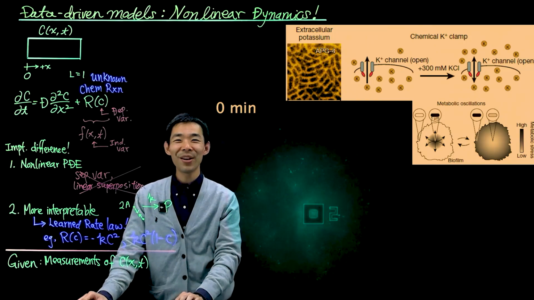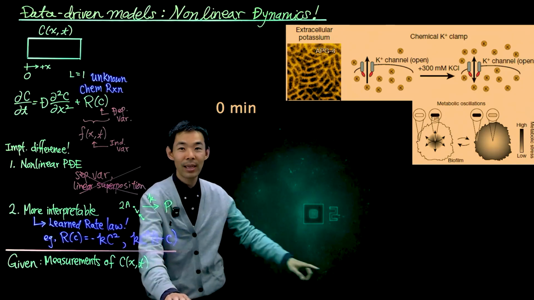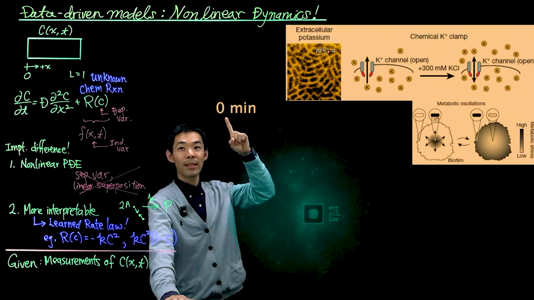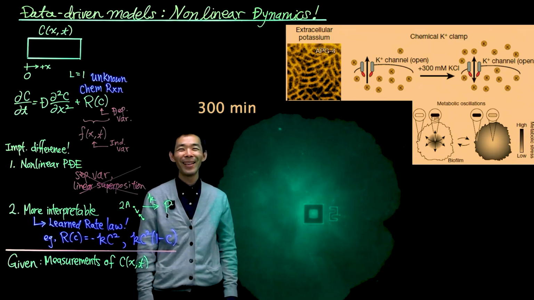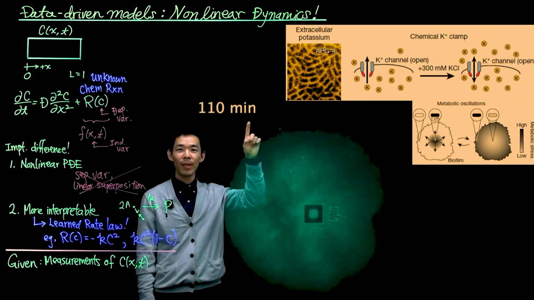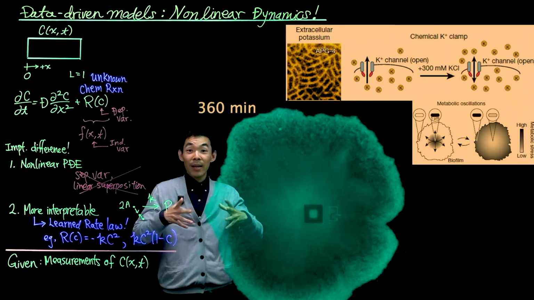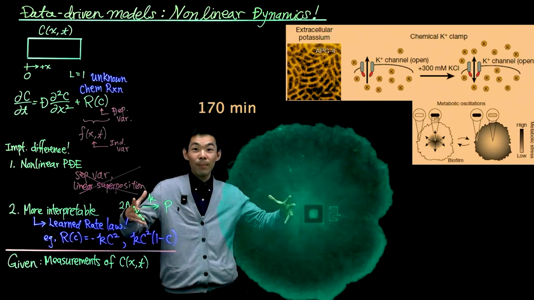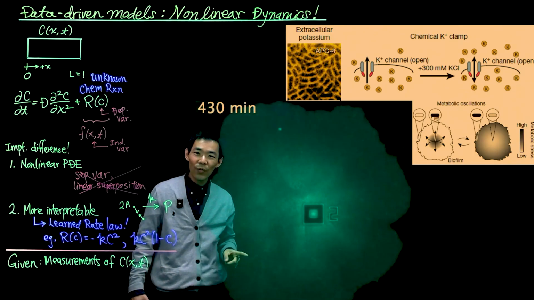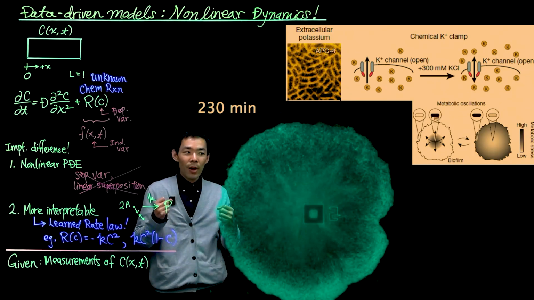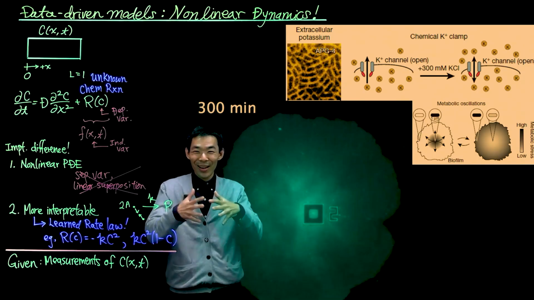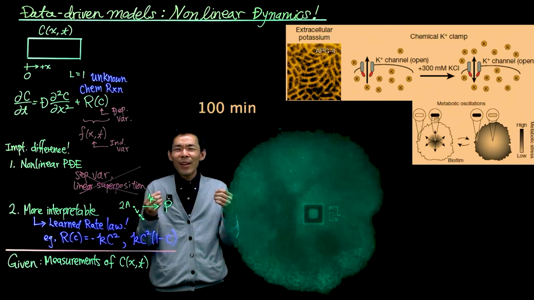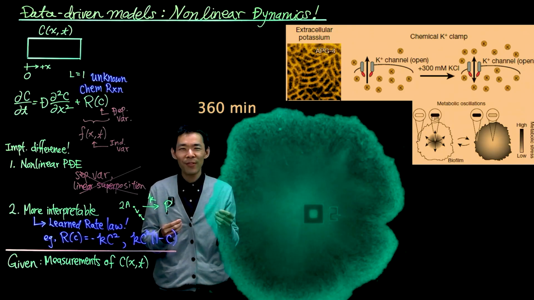Let me just show you a video of that phenomenon. What you're going to see is a long time-lapse movie. You can see the time-lapse right here. This is in minutes. Now this is over hours. You can see that as the bacteria divide and grow and get bigger and bigger, there's a really cool phenomenon going on where the bacteria are releasing potassium into the extracellular environment in the fluid in a very coordinated, cooperative fashion.